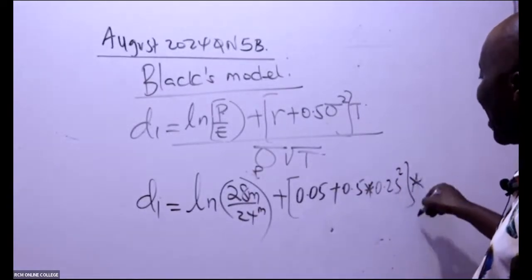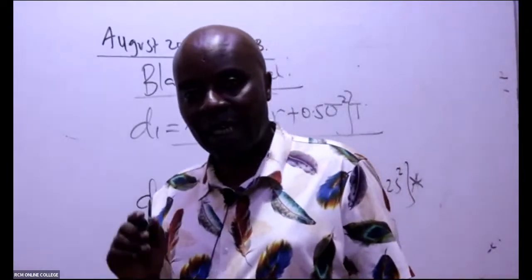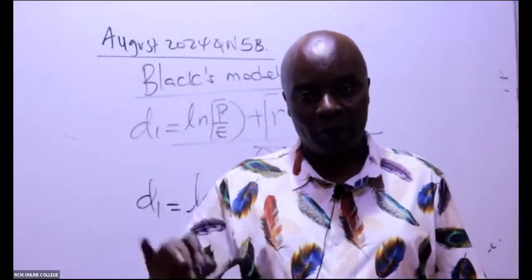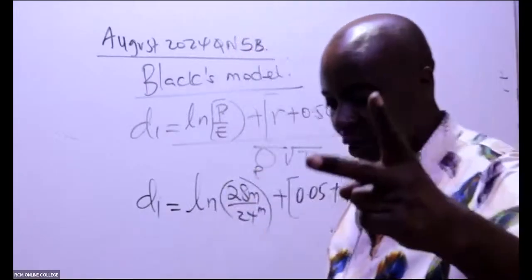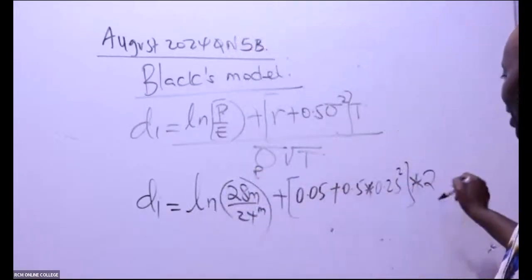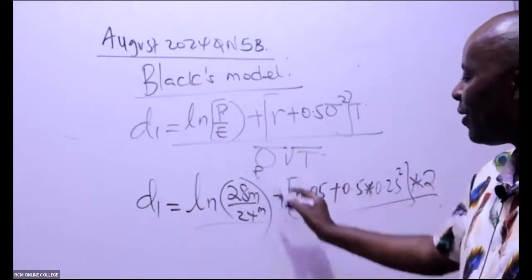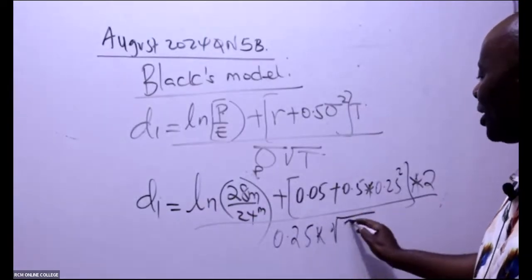Remember that T has to be in years. If the time to expiration is 6 months, take 6 months divided by 12. But here we are very lucky because we are given time as 2 years. And then you divide everything by 0.25 times the root of time, which is 2.